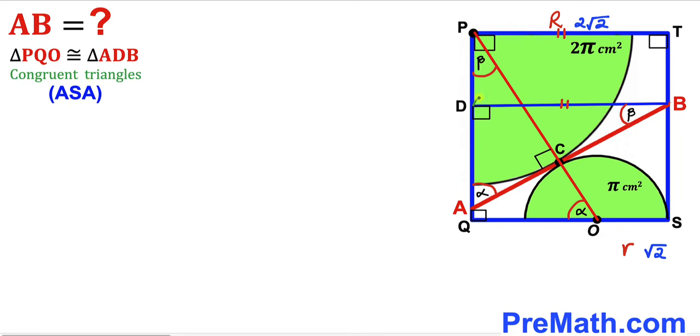Since this side BD is equal to this side PQ, and since these two triangles are congruent, we conclude that this side AB is going to be equal to this side PO. I'm going to label this as our equation number 1.